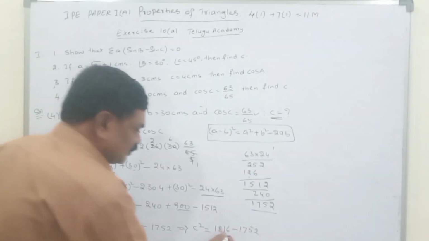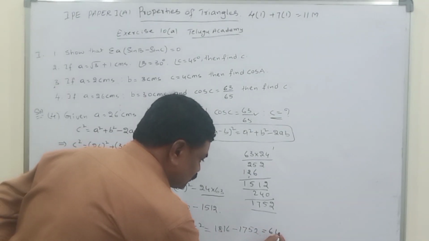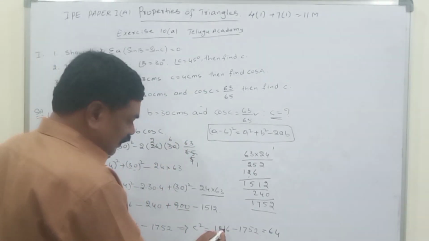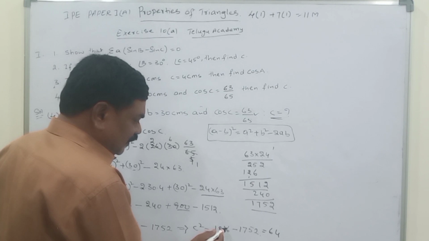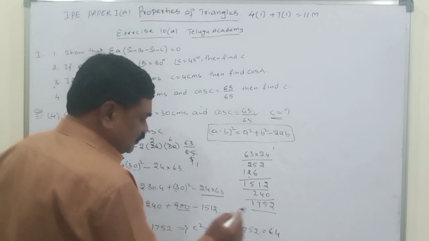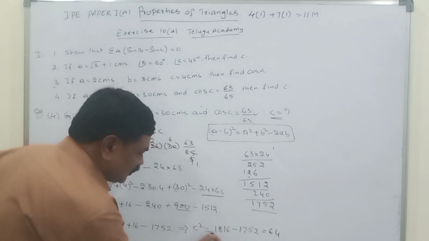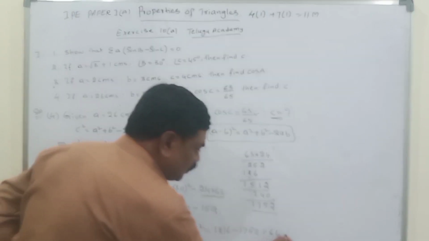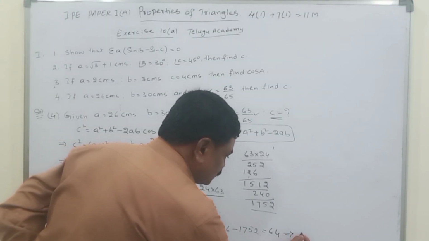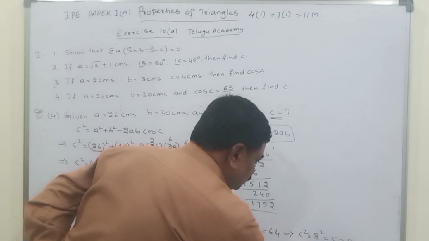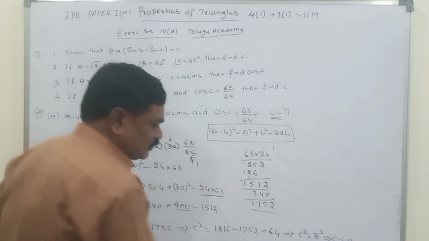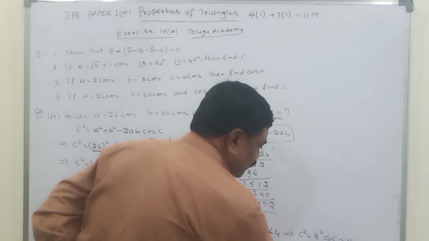This is 64. So 64. You observe here, 6 minus 2 is 4, 11 minus 5 is 6. So c square is equal to 64, which implies c square is equal to 8 square, c is equal to 8. So c is equal to 8.